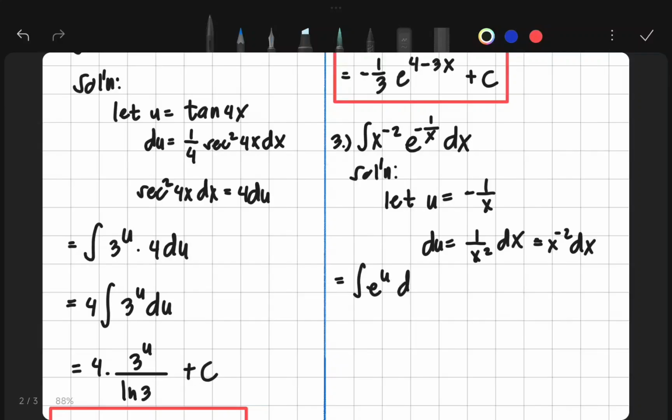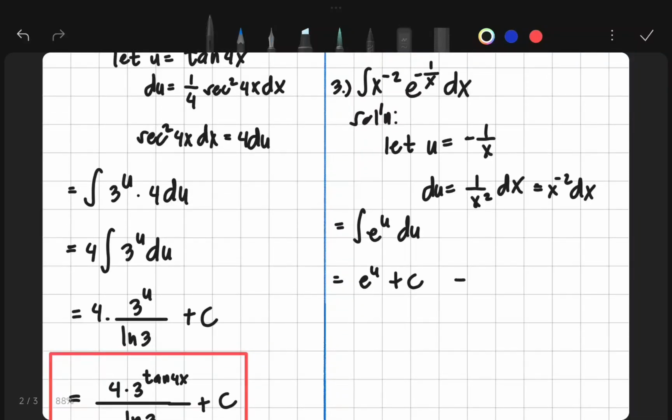So this is simply equal to e raised to u plus c, or in terms of x, e raised to negative 1 over x plus c. So this is now our final answer.